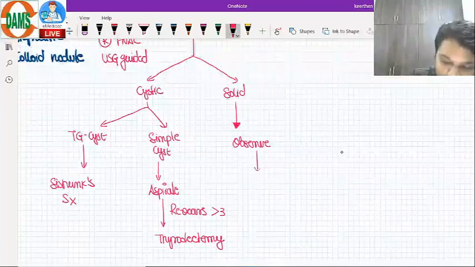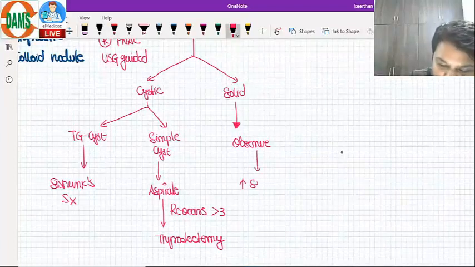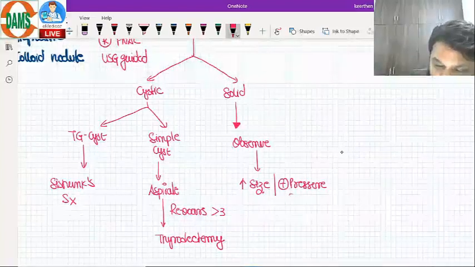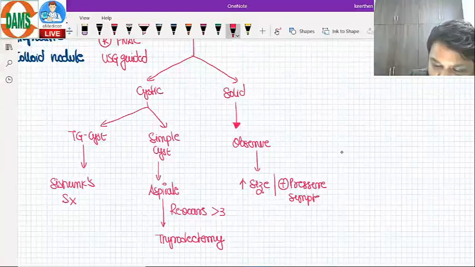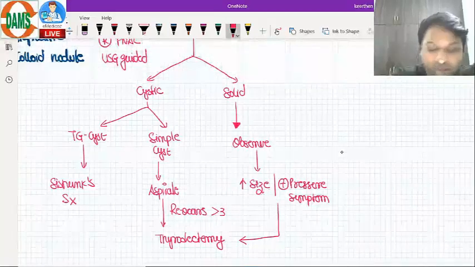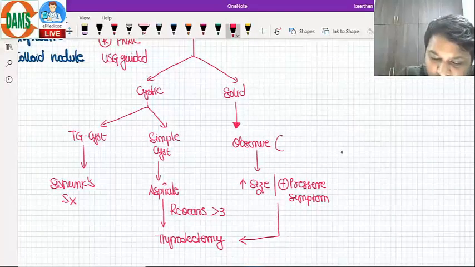During the observation, if it increases in size or it causes pressure symptoms, the patient should be taken for thyroidectomy. Now, during the observation, you can also try suppression therapy.